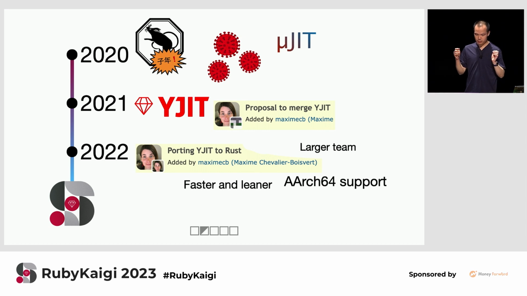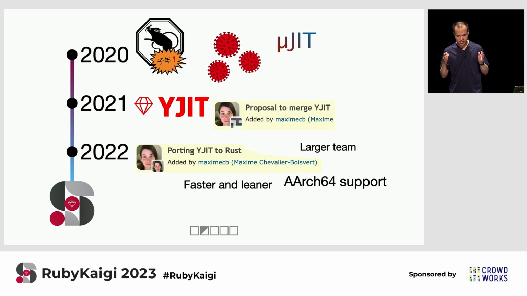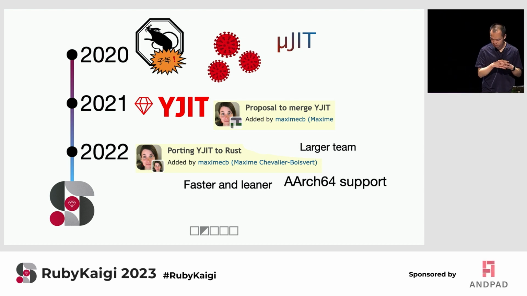And in 2022, that's when development really sped up. The team grew a little bit. Noah Gibbs joined us, Jimmy Miller joined us, Kokubun joined us, and we were able to do a lot. We reduced memory footprint and improved peak performance, peak speed. We also added support for ARM chips, important for Apple laptops and some server deployment.